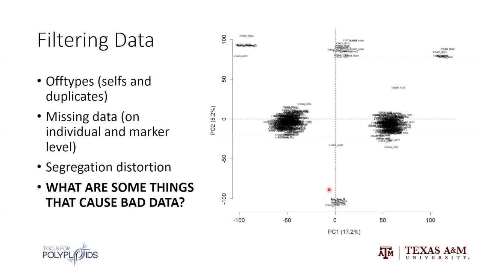Those are all good things that could cause problems. Alexander says structural variation. So if we were talking about GBS data like last week, it's very easy for our populations to be very different from the reference genome, right? So we can have a lot of missing data there.